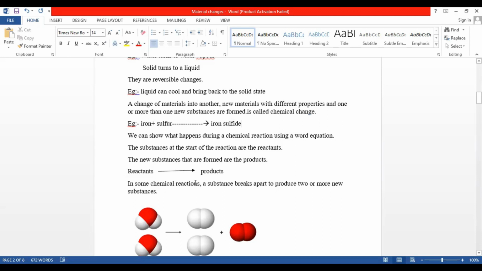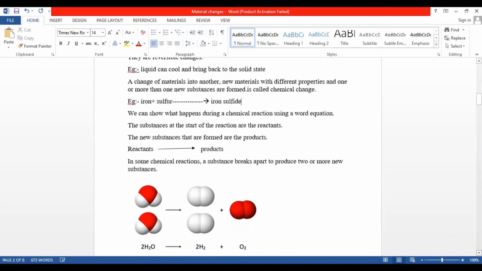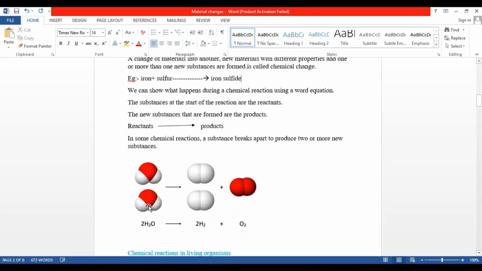In some chemical reactions, a substance breaks apart to produce two or more new substances. As in this example, you can see H2O is turning into H2 and O2. It is a chemical reaction. In this, you can see one oxygen and two hydrogens in this water molecule, and during the reaction, two hydrogens are combining together, and two oxygens have combined together.